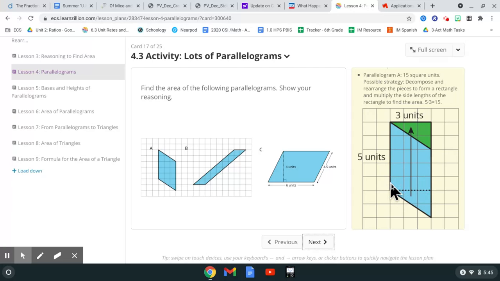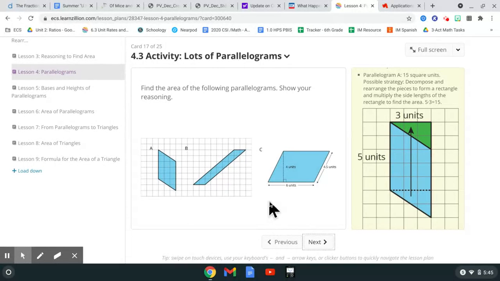And so then I can see that my rectangle has a base of 3, either at the top or the bottom, and a height of 5. So base times height means that the area of this rectangle or the area of this parallelogram is 15 square units.